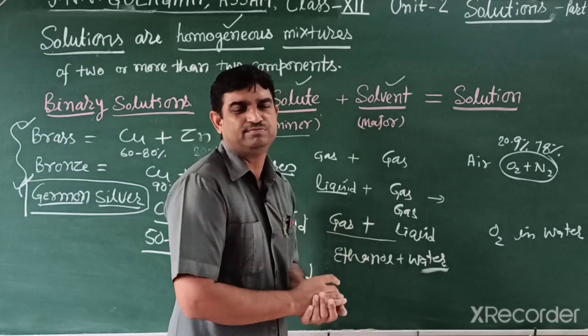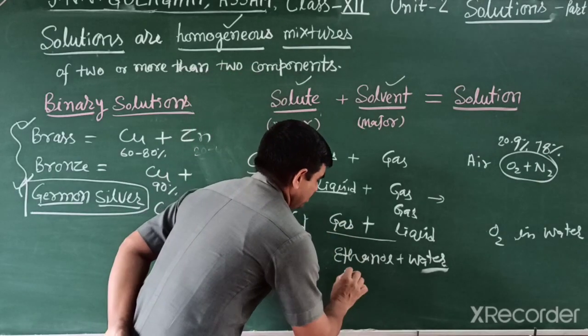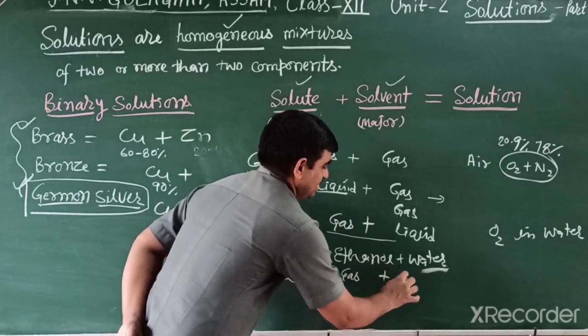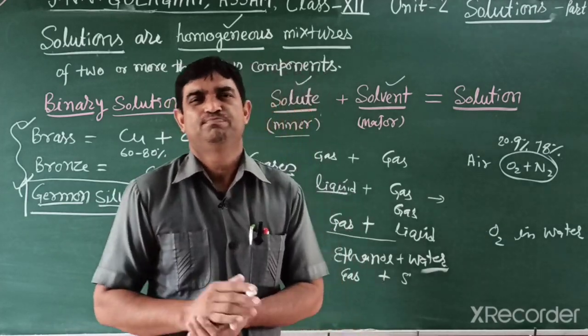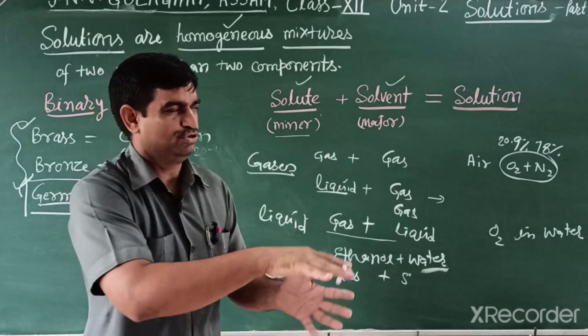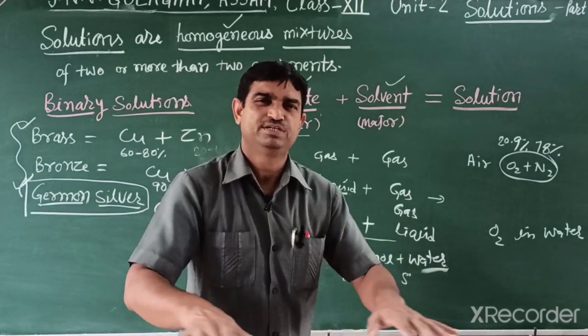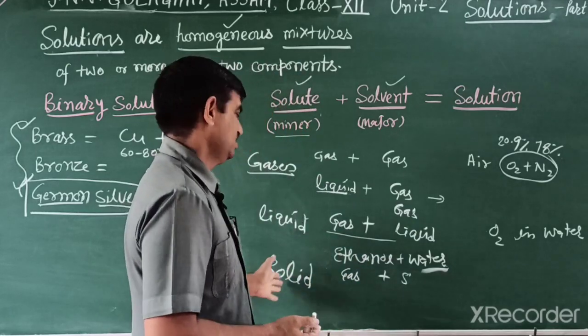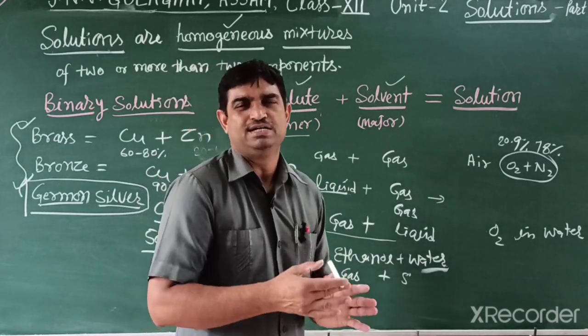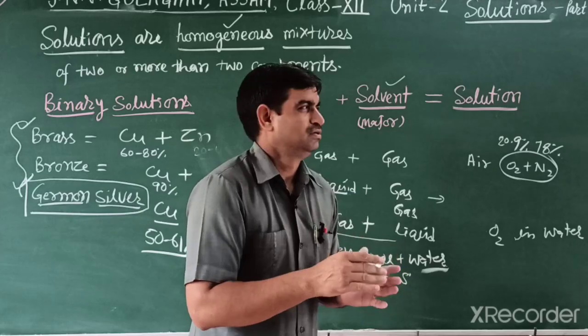Now, what are solid solutions? Again we can divide them into three types. First, gas in solid. For example, hydrogen gas in palladium, platinum or nickel, because the gas is adsorbed on that surface and equally distributed. So hydrogen in palladium is known as a solid solution. Next, liquid in solid.